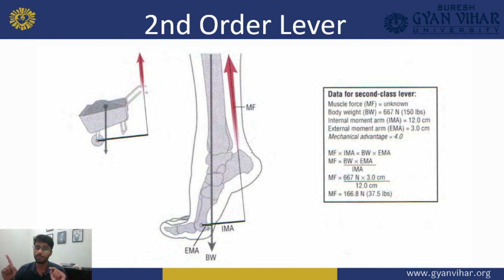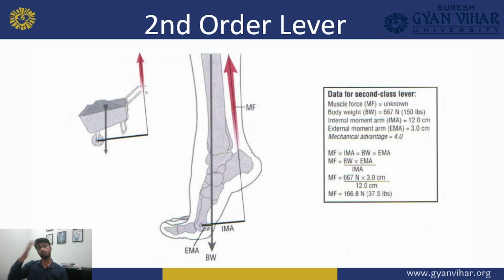And the external moment arm is the distance between the point where the body weight is falling and the fulcrum, and it is 3 centimeters. So here you have a tremendous mechanical advantage of 4. In this case, you will put lesser effort to lift the body.